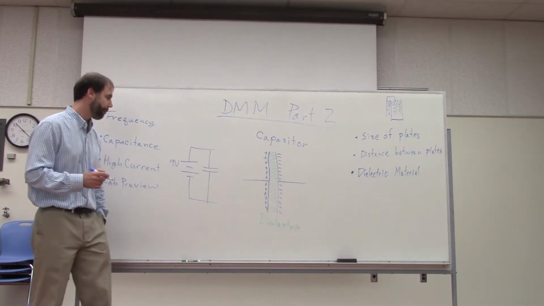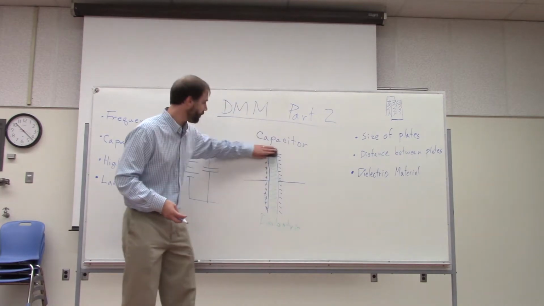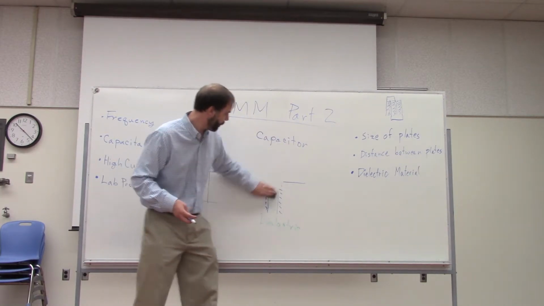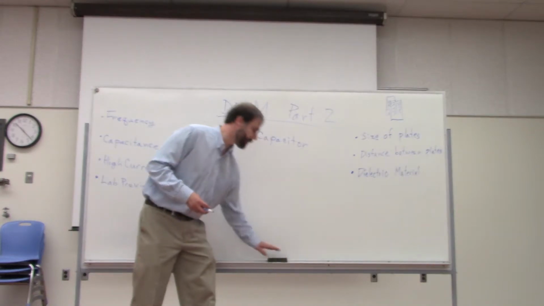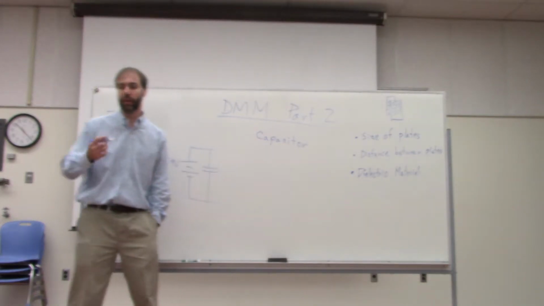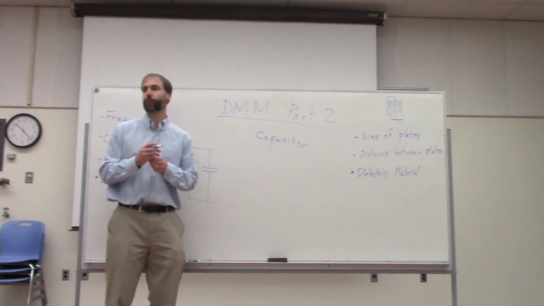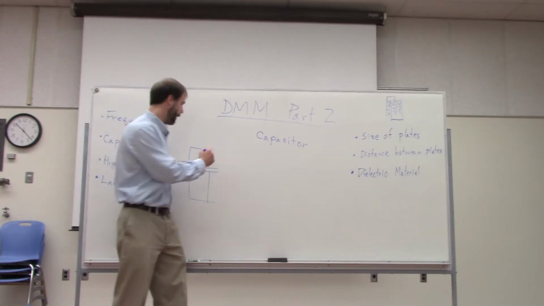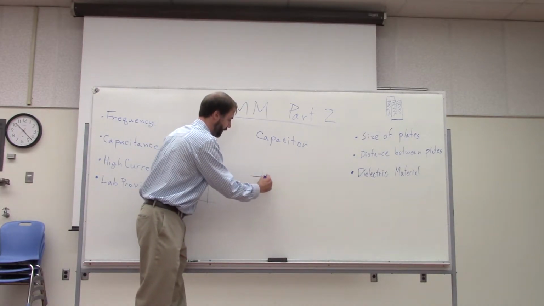So when we looked at the fiber optic receiver, there were some capacitors that were used around the speaker, and those were used for filtering. So they allowed the AC signal to pass through, but they blocked out the DC.